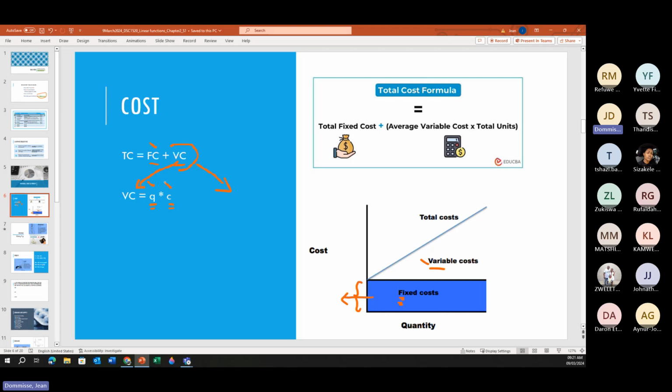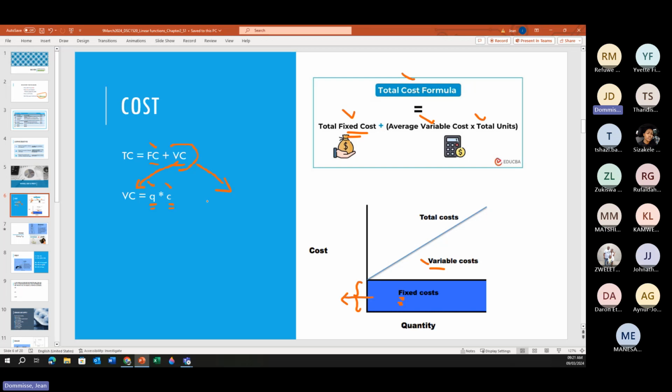The easiest way to look at how a total cost function works: your total cost is your total fixed cost plus that variable cost sitting on the other side. So that is your cost. Sometimes they give you a cost question on its own.